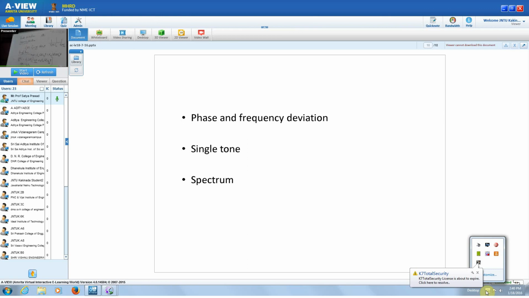It depends only on the magnitude of your baseband signal. Your deviation does not depend on the frequency of your baseband signal. So you can change your deviation only by changing the amplitude of your baseband signal.